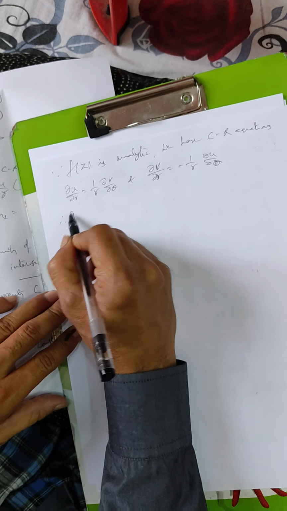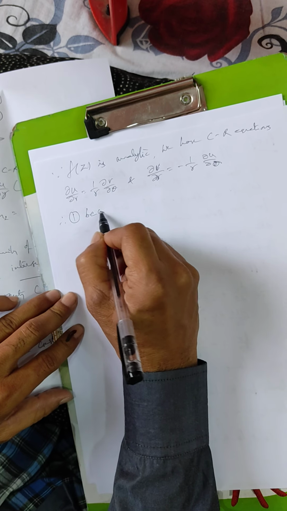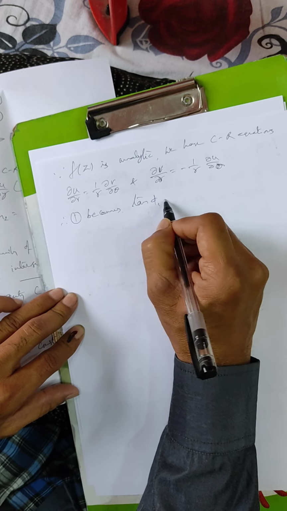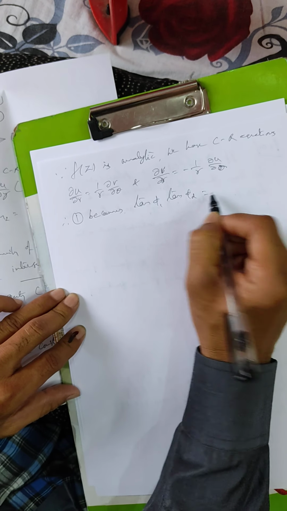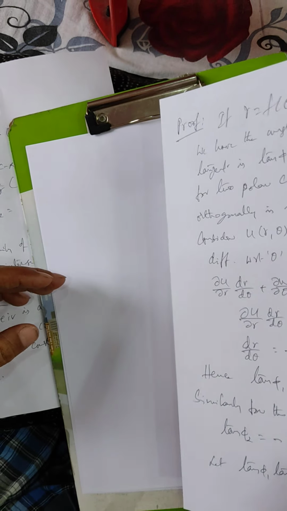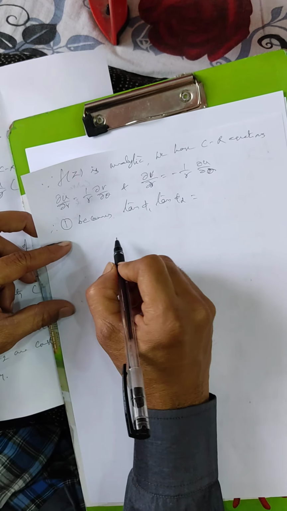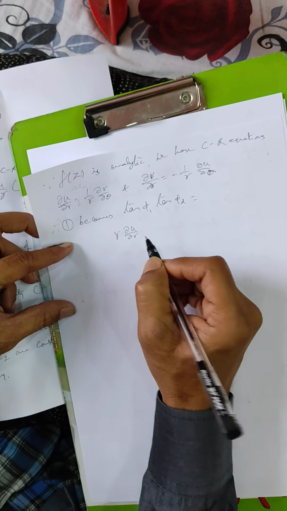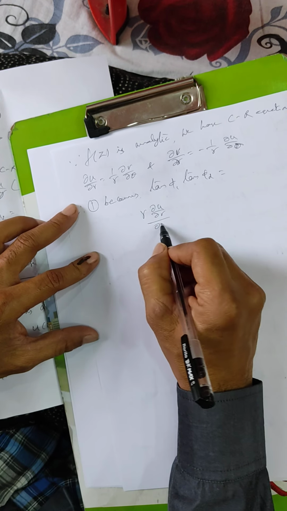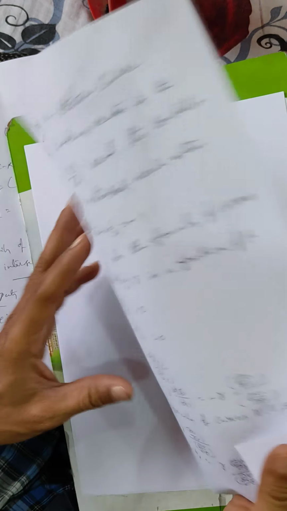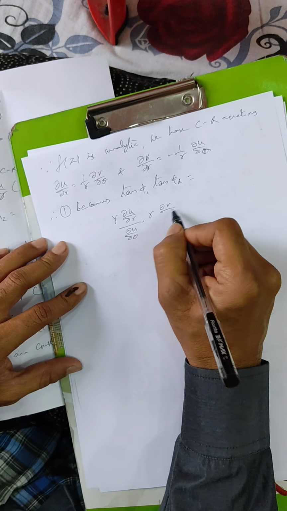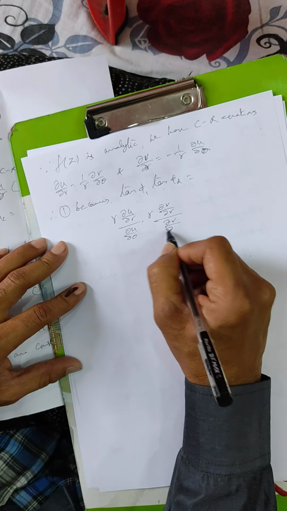Therefore equation 1 becomes tan φ1 into tan φ2 is equal to, so what is the RHS here? r ∂u/∂r by ∂u/∂θ, into r ∂v/∂r by ∂v/∂θ.